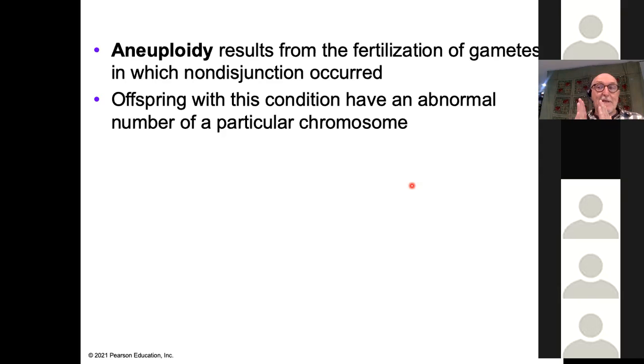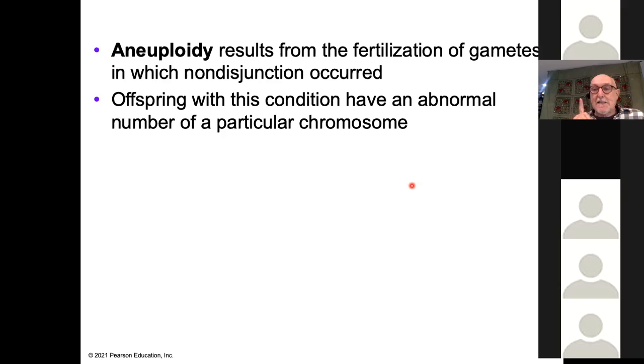But these aneuploidies have particular phenotypes. Now, I'll just tell you that in human beings, these aneuploidies are very, very poorly tolerated. There are very few of these aneuploidies in humans where the fetus will survive. And these mistaken pairings of the chromosomes are a common cause of spontaneous abortion, of loss of a fetus due to miscarriage.